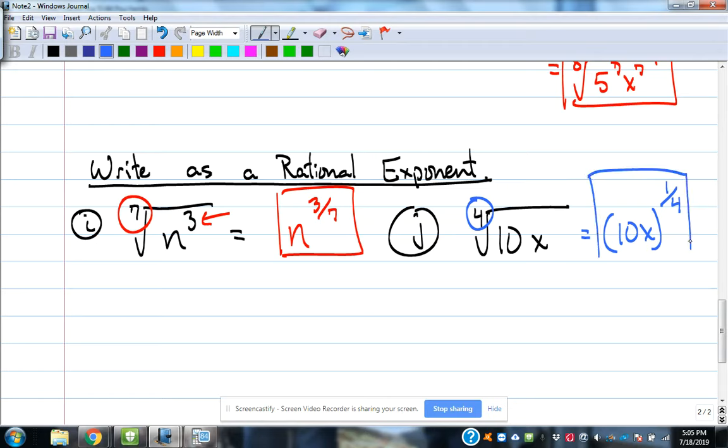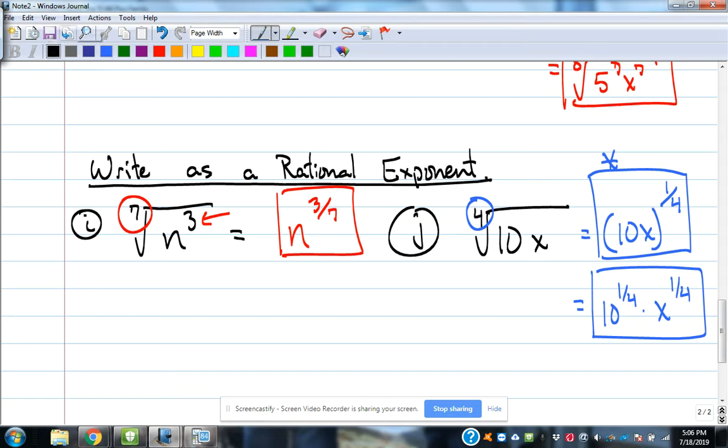This would be one way to write it, and I think that's the most common way that you're going to see it. But you could also have 10 to the 1/4 times x to the 1/4. Those are the same problem, and it goes back to that exponent rule idea that this boxed in thing, we really have a 1 and a 1 there, and you could distribute that exponent, but it's not necessary, I don't think. I think the one that's boxed in is the most common one, but understand that they are the same. They're equivalent expressions.